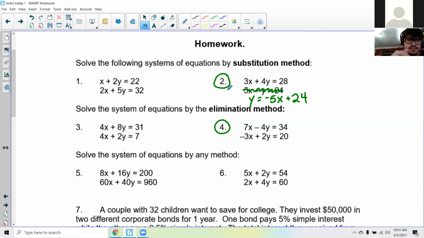They're not decimals or anything like that. If you get large numbers for number 4, you didn't do anything wrong.